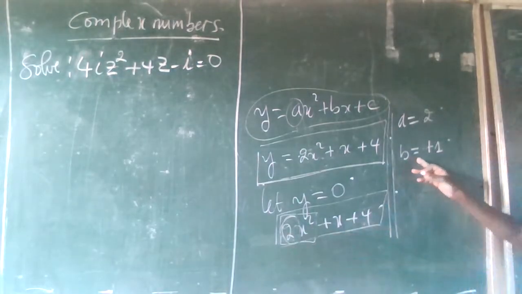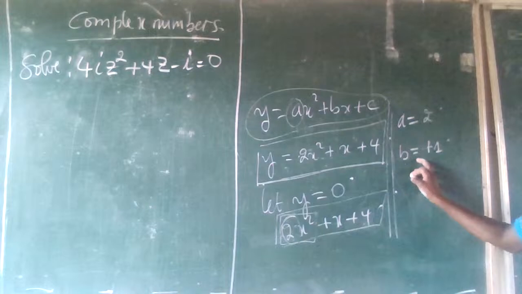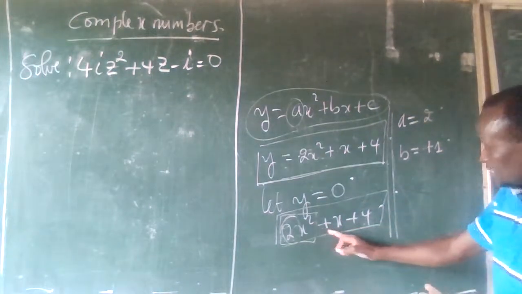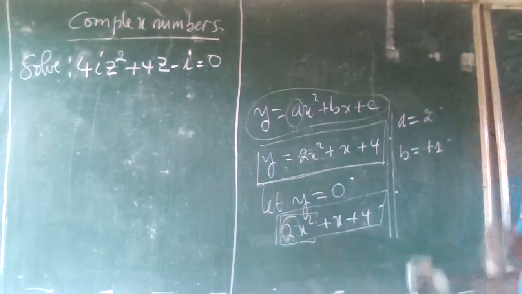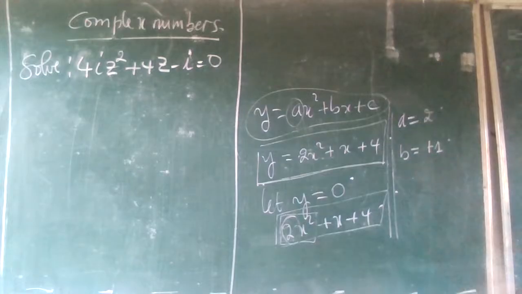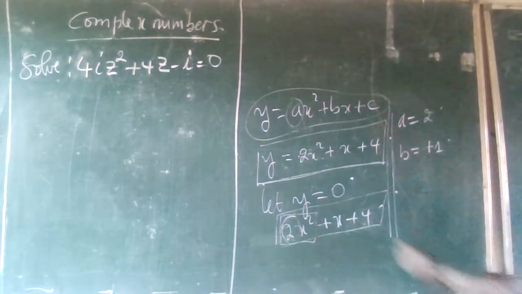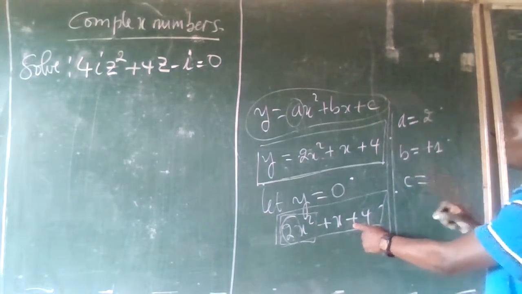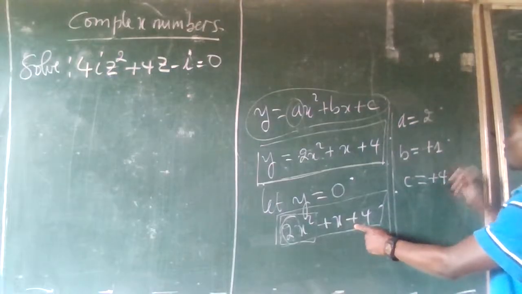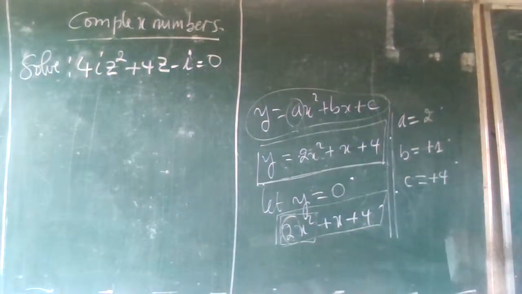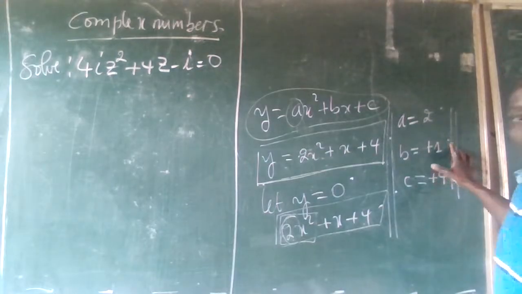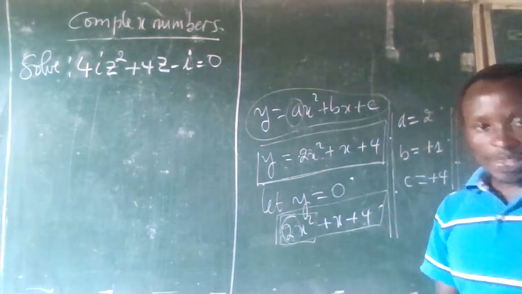If b has a positive sign, you have to write that coefficient of x with that sign. Clear? And also c will be equal to plus 4. This is what we should apply to a quadratic equation.